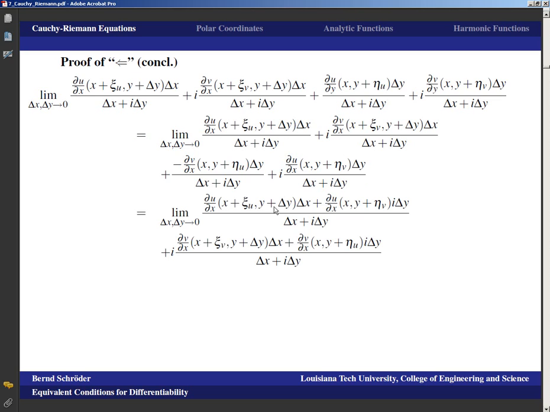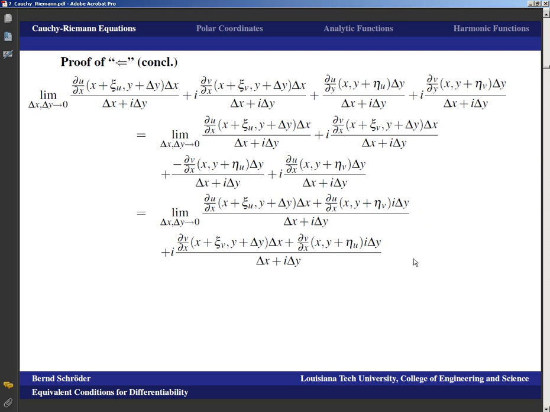And for the dv dx, well, I've got a y on the outside. I keep the delta x and the dv dx here. And then I have a negative. Well, remember, negative 1 is just i times i. I put one i here, I put the other i here, and I've got roughly what I want to have.